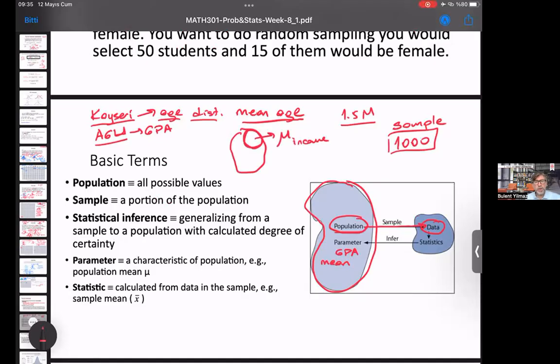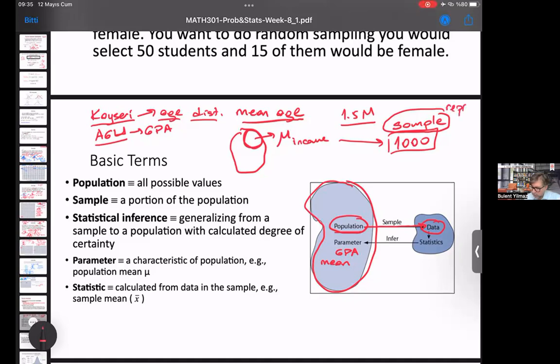It's not very easy to find out, so I'm going to go and ask, let's say, 1,000 people or 100 people. But I need to choose such a sample that it will be representative of all backgrounds, all age groups, and so on. So this will be a representative sample.